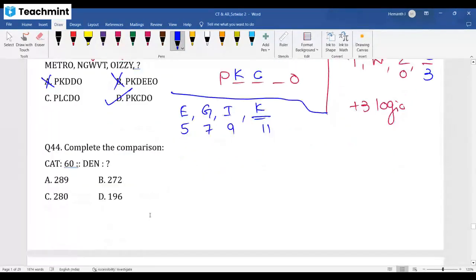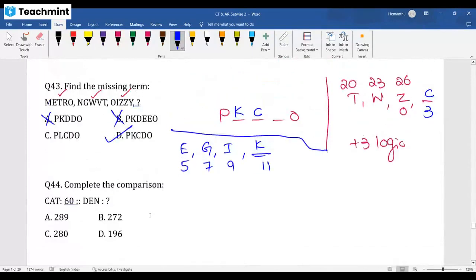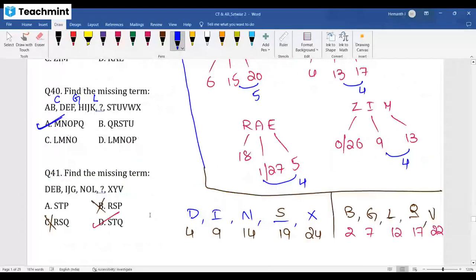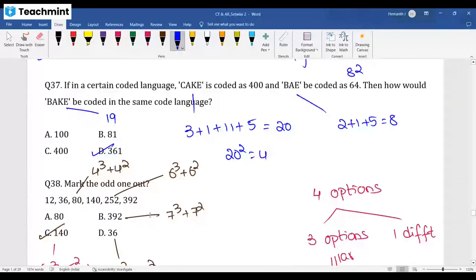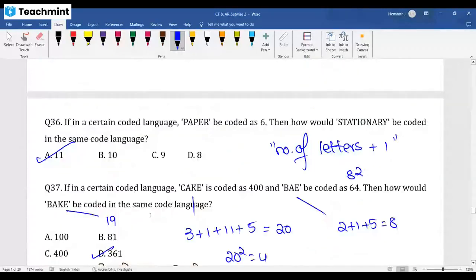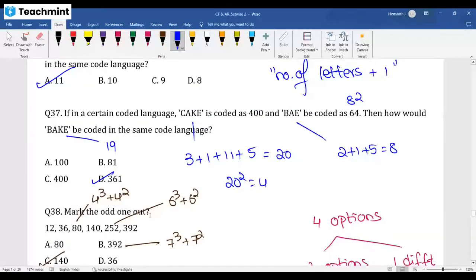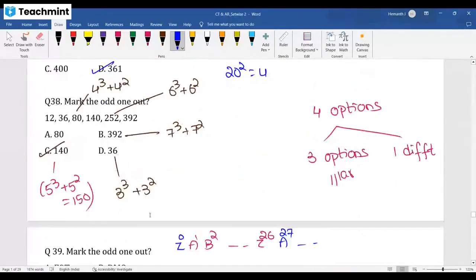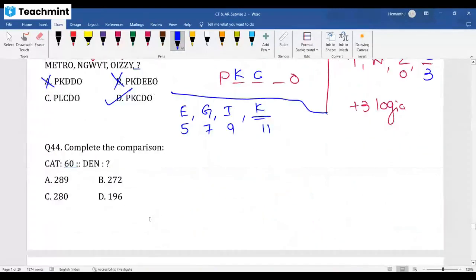Next, coding and decoding. I said 4 from series. Odd one out, 4 questions, I think 1 to 2 only completed. Coding and decoding already 2 completed. I said odd one out 2, analogy 2. Coding and decoding 4 I said. I think we are done with 2 so far. This is analogy first question.